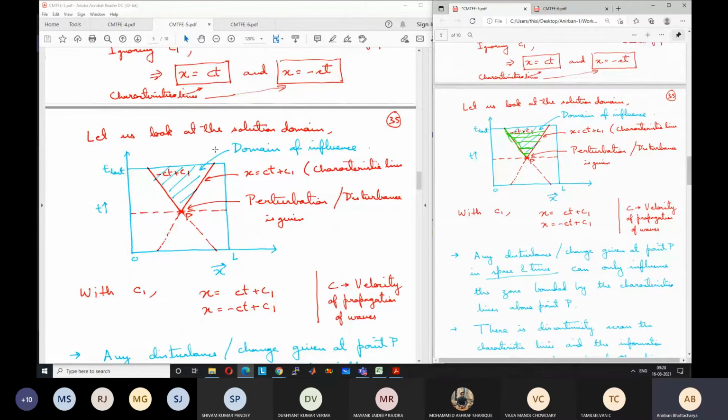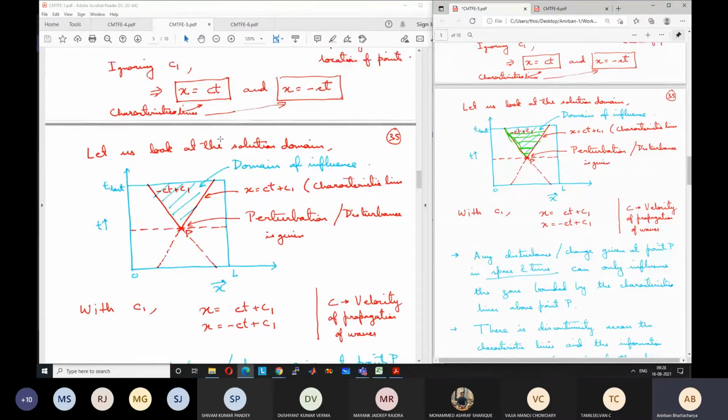So what is the difference between this and the elliptic equation? In an elliptic equation, if we give a pressure fluctuation, any perturbation, what will be the difference with this hyperbolic problem?